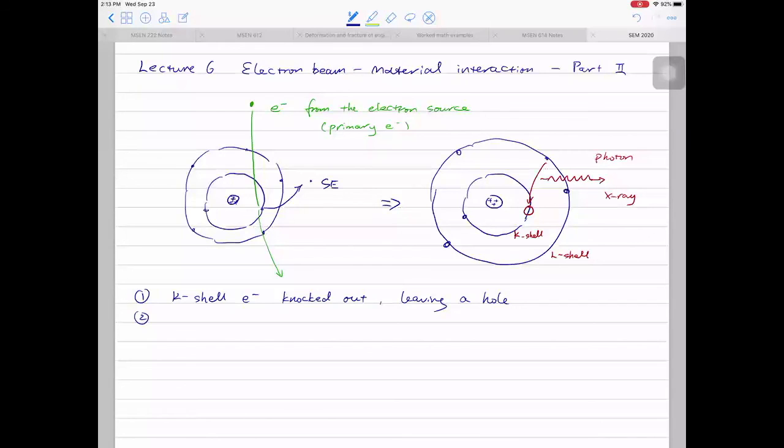Then an L shell electron jumps in to fill the hole. In this example, it doesn't have to be K and L. It can be anything, like M to K, or M to L.